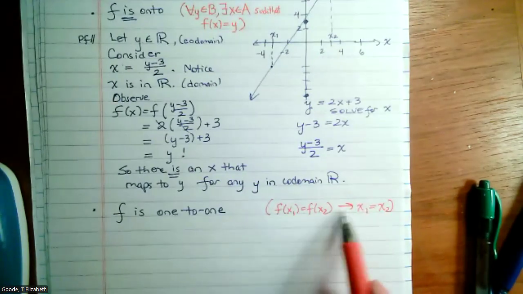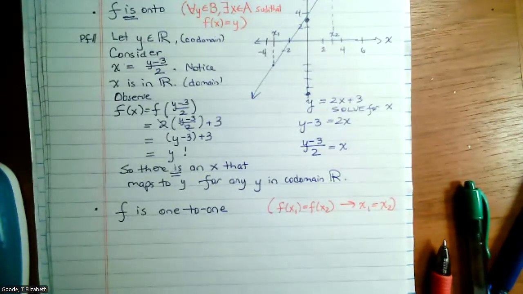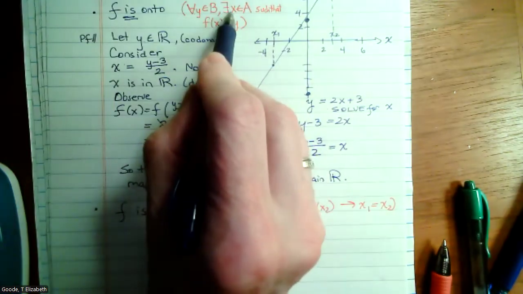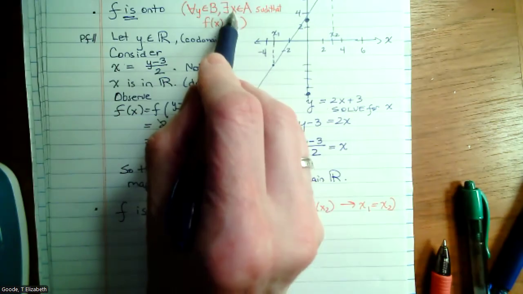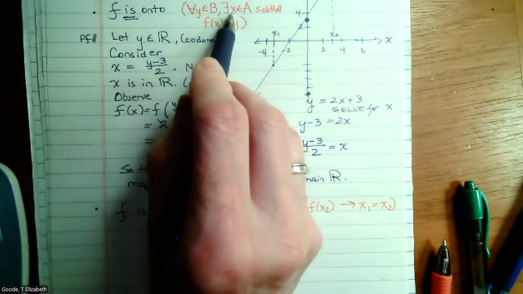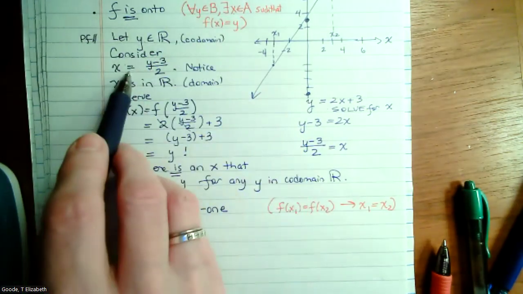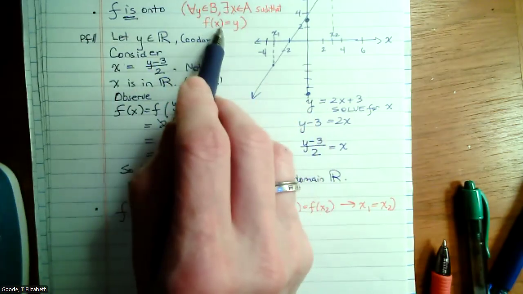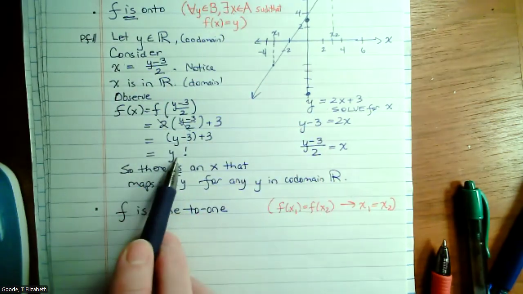Here's our definition of one-to-one. So to prove one-to-oneness, we're proving an if-then definition. Here we were proving the existence of the preimage x in A. We gave ourselves a y in B, and we found the x that exists in the reals such that f of that x is y.